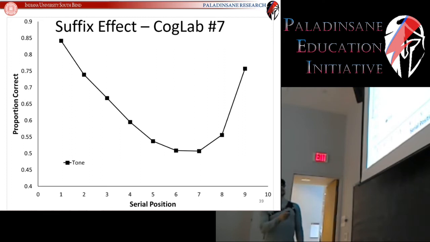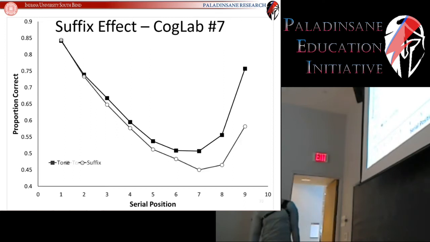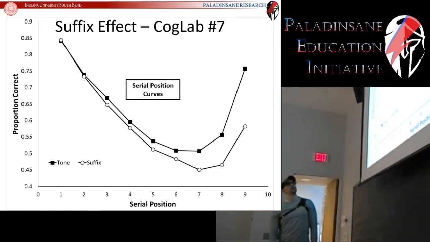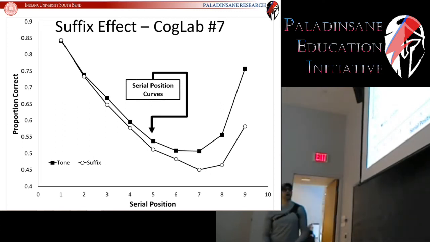But if you take a look at the classic serial position curve when there was a tone, if we now take a look at what happened when we added the 0 as your signal, even though consciously you knew you could ignore it, even though consciously you knew that's not one of the numbers that I should try to remember, it affected your curve. And that is your serial position curve now for when you have the suffix effect.